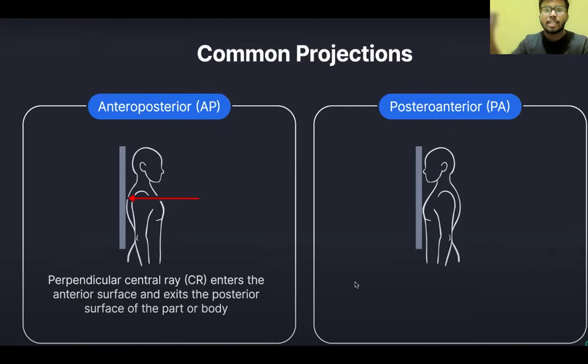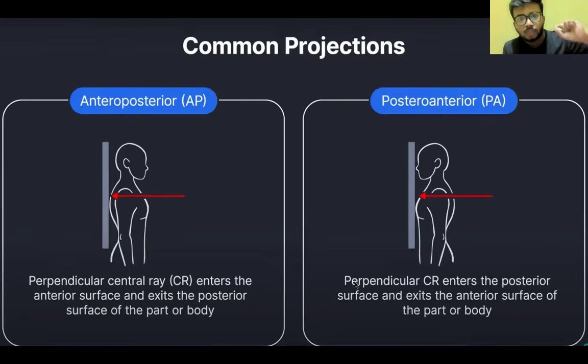The central ray enters through the posterior surface and exits through the anterior surface of the part or body. So we determine the projection based on the entrance and exit points of the central ray. Is that clear? Yes. Next.